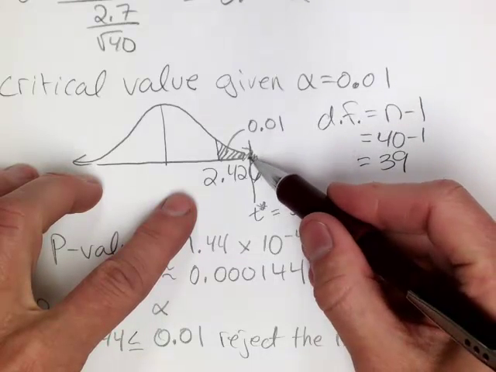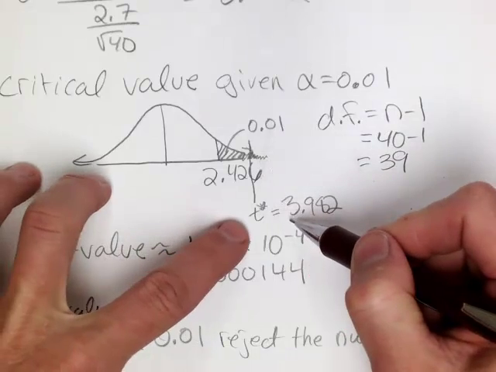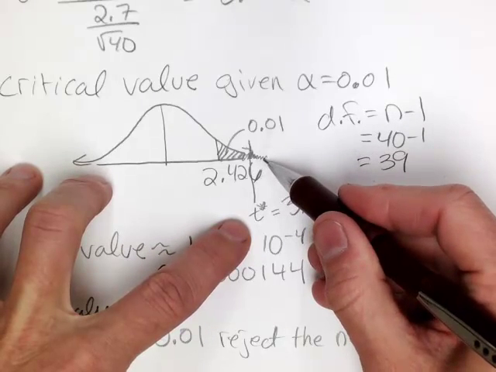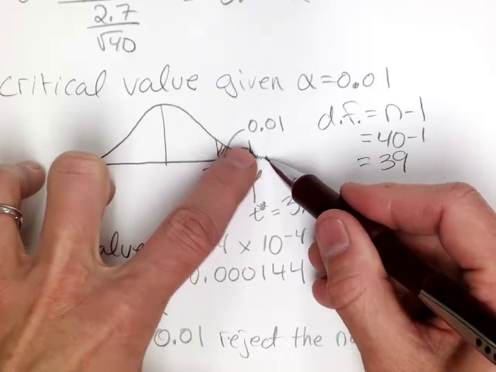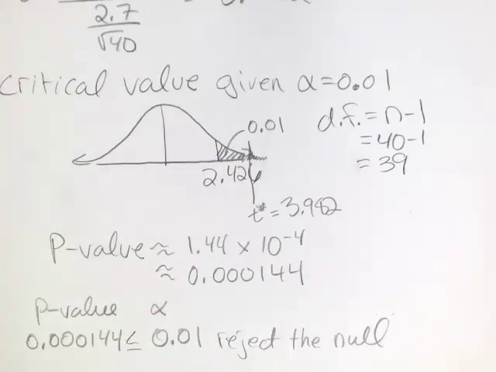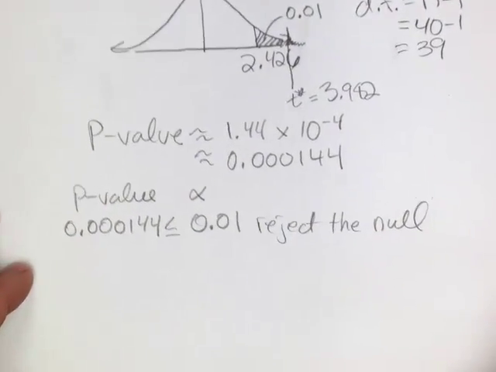So in other words, this little area from the test statistic to positive infinity is really, really small. So clearly this area is less than our area determined by the level of significance. So we would have to reject the null in this case.